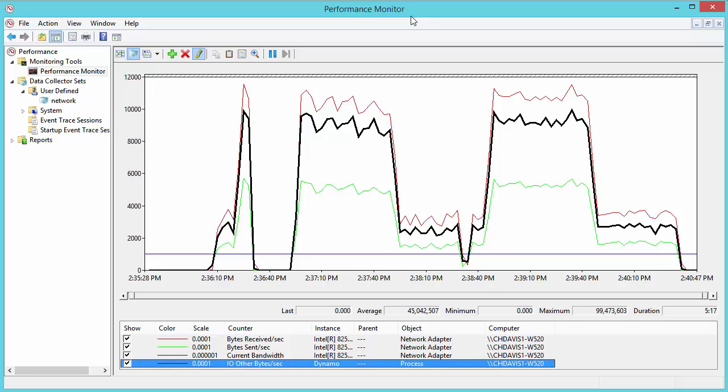Well, you need to go find out if that's normal for that process. Is Dynamo supposed to be doing that? And if so, do we need to get it into a server with a 10 gig switch? And maybe team those NICs or something. Give them more data. If this is an application that truly needs that much data all the time or in bursts, and there's not any way around that because it's just what it does, maybe a backup server that pulls backups from just dozens and dozens of other servers around your network, then yeah, you might want to expect that he's going to need a little more bandwidth than whatever you've got him here at.